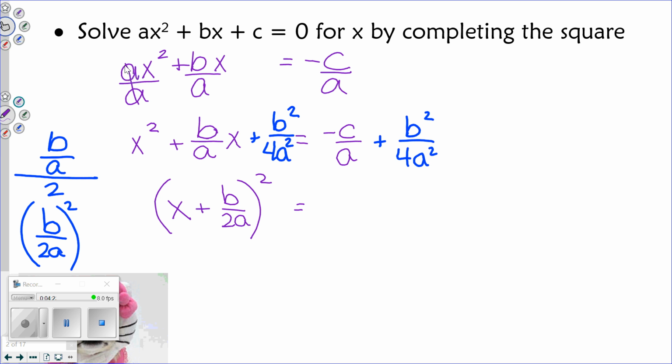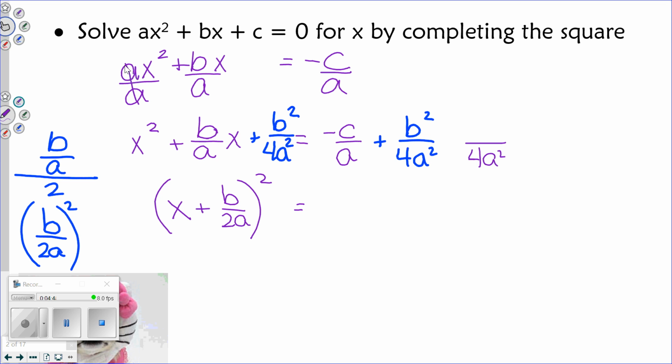In order to add fractions, you must have a common denominator. So what would be the common denominator between these two? I can't make them smaller than they already are. So I'm going to have it be 4 and a or a squared? A squared. Common denominators, I can't make the one smaller.